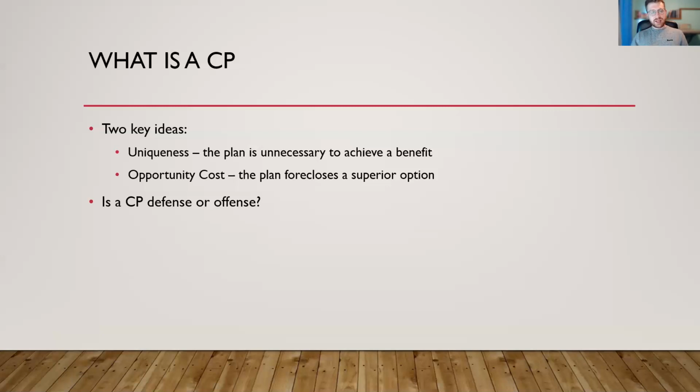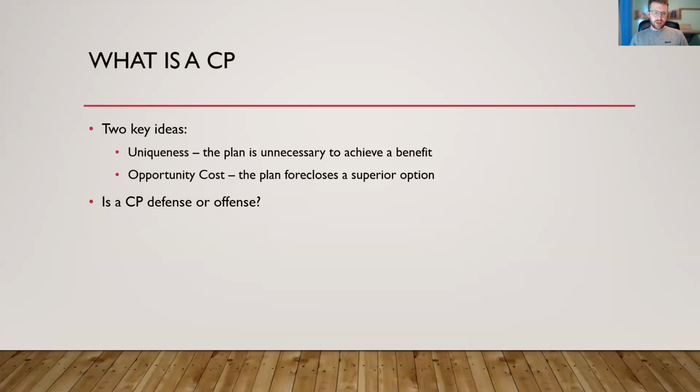But a counterplan does not need to do both of these things in order to help the negative prove that they should win the debate. So let's think about this. Let's go back to the example that I was giving earlier about the warming advantage and a warming advantage counterplan. Which one of these is the counterplan?